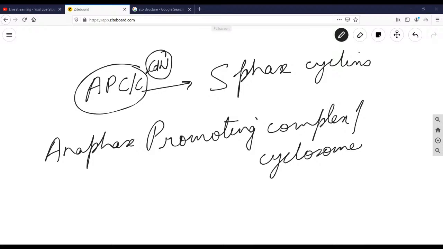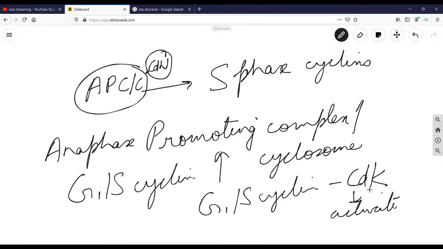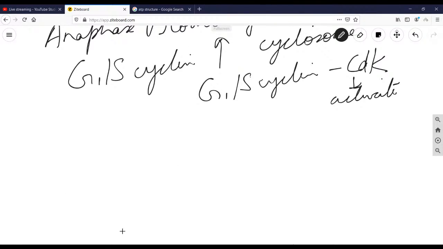When G1/S cyclins rise in concentration, they will bind with the specific CDKs, G1/S cyclin-CDK, and that will activate this CDK. Now when this CDK has been activated, it will cause phosphorylation of CDH1, just like phosphorylation of RB happened, and then RB was dissociated from E2F.